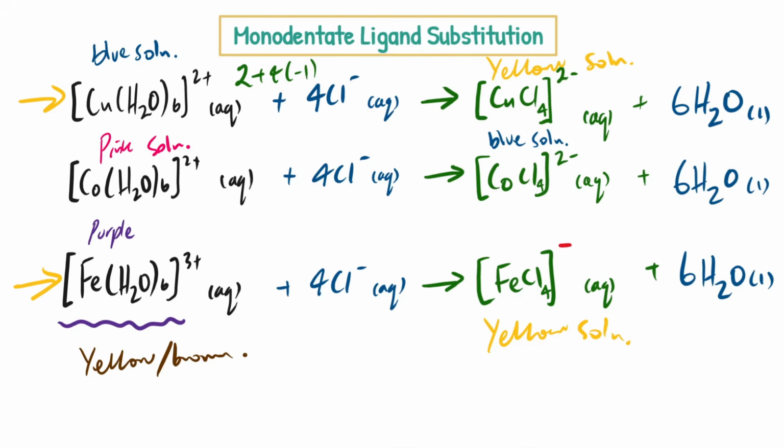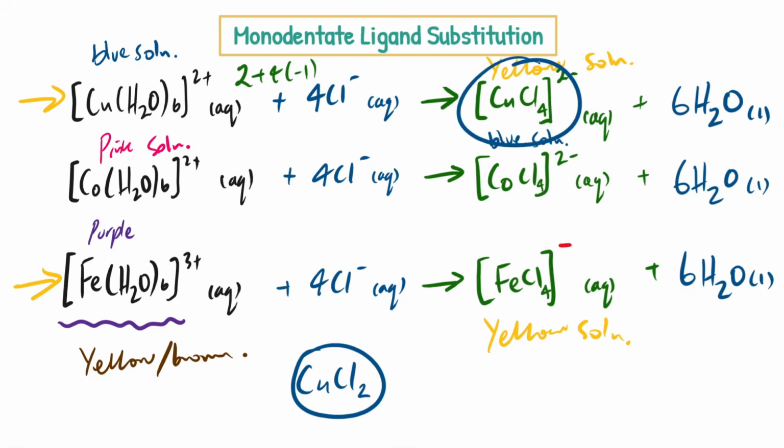Now, something really, really important here you need to keep in mind, because AQA can try and trick you. If in a question they say solid copper chloride, so copper chloride right here, CuCl2, this is a solid, okay? If this is dissolved in water, it's not going to be this. It's not going to be CuCl4 minus, it's going to be this, okay?